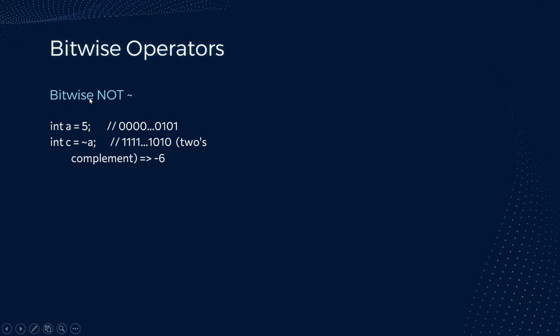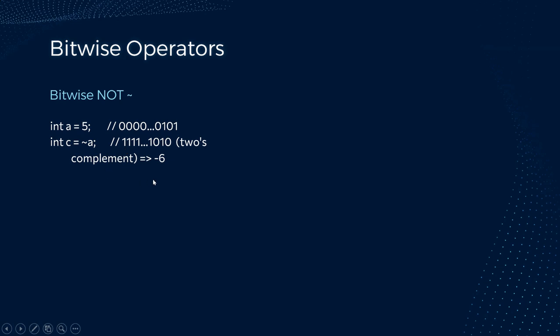When we say bitwise NOT, it means you need to flip all the digits. When the digit is 1 it becomes 0, and when the digit is 0 it becomes 1. And the first digit is the sign digit, which tells about the sign, plus or minus. If it is 1 then it becomes negative, and if it is 0 then it becomes positive. That is the meaning of the very first digit here.